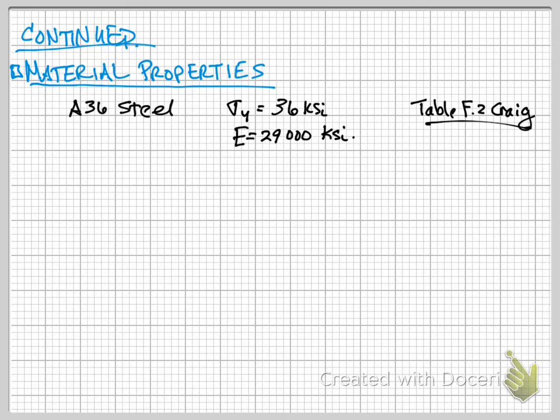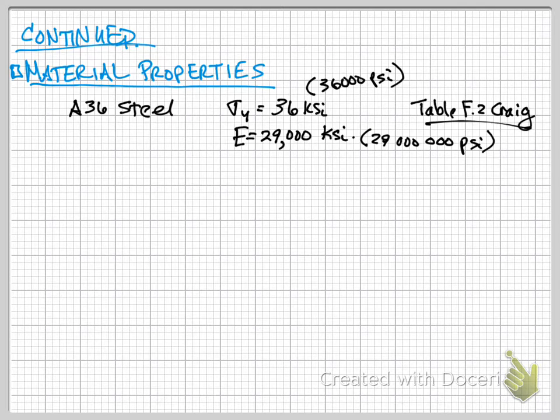And I get the yield stress is 36,000 KSI, and the modulus of elasticity is 29,000 KSI. We can go ahead and also denote what those would be in PSI. And that's about what we need for our material properties.